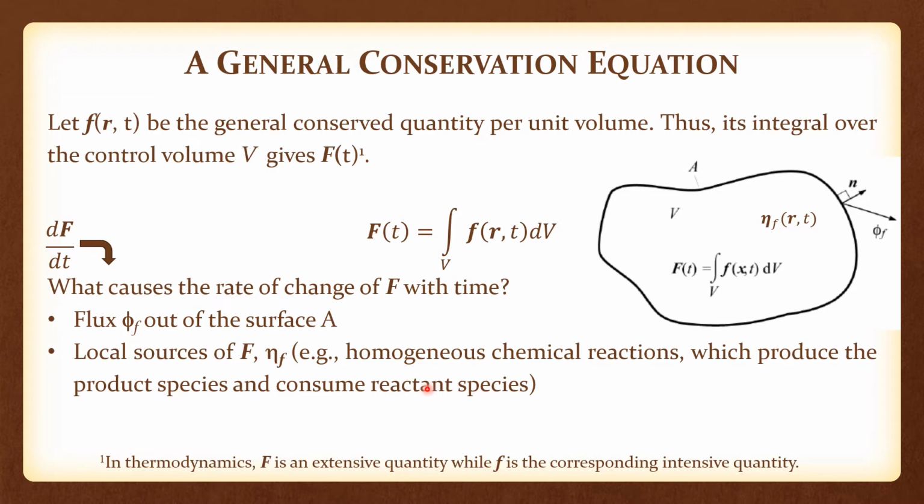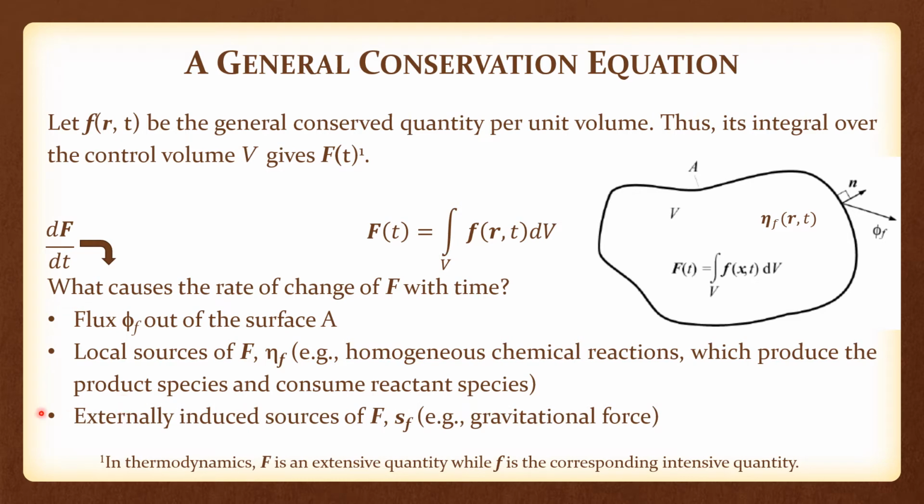Suppose some reactant A gives B. Then a homogeneous chemical reaction will be a sink for A and a source for B. And now the next thing is the externally induced sources of F, which is given by your small s_f. As we discussed, gravitational force is an externally induced source of bulk momentum.